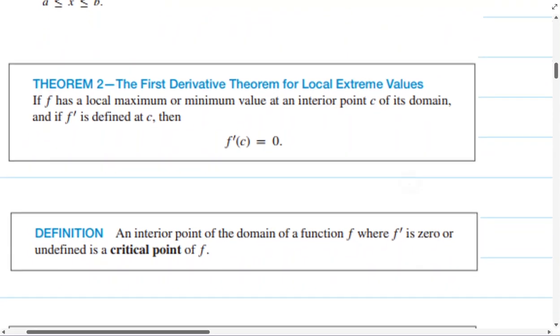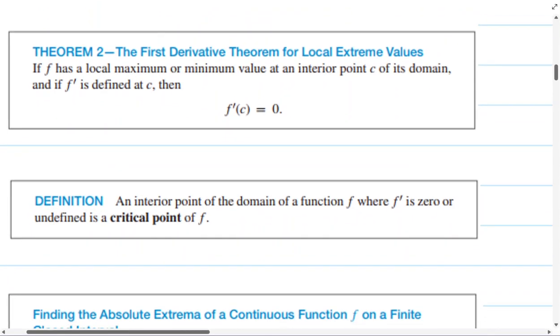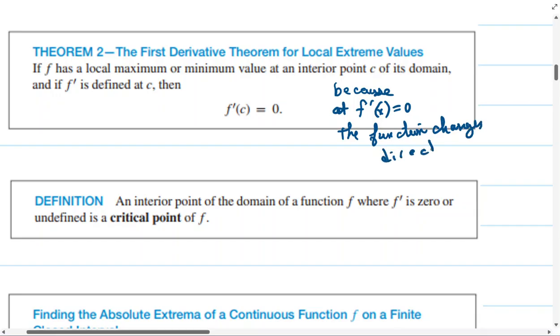All right. So the first derivative test for local extrema is to set the derivative of the function equal to 0. That means we've achieved somewhere where that changes direction. Is that correct? Change of direction.